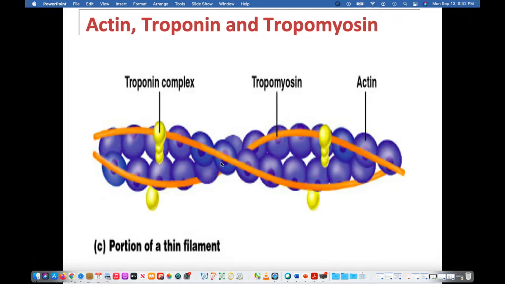Tropomyosin is this orange-looking ropey string that spirals, right? And it covers the binding sites on actin. And then troponin, consider troponin to be the staple that holds this string in place. These yellow staples are holding tropomyosin in place.